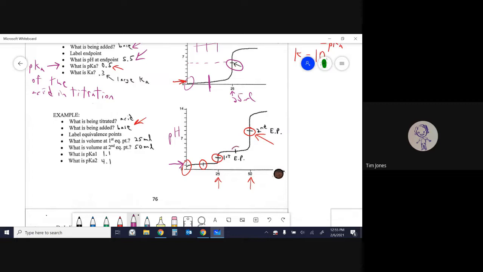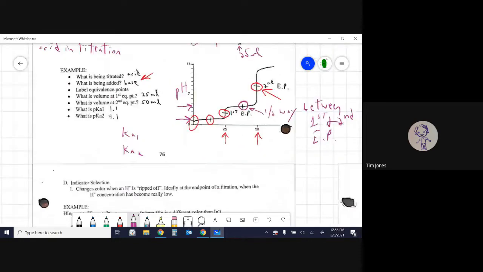So right here, that is halfway between the first and second equivalence point. Again, I just did a very rough estimate of about 4.1, right about there. We could take this and solve for Ka1 and Ka2, but I don't bother with that on this one.